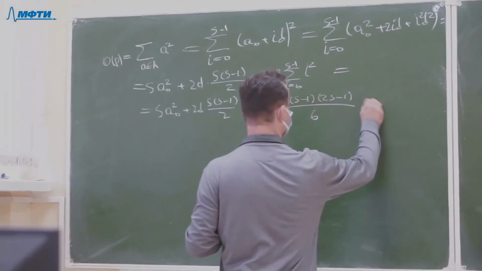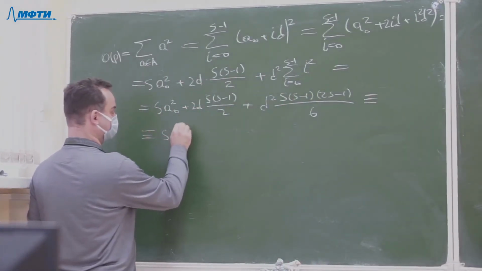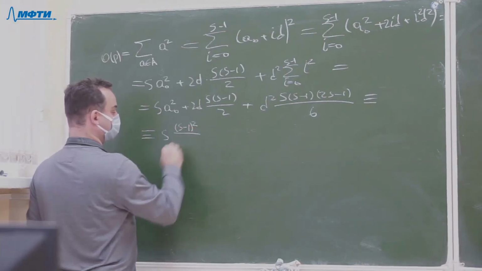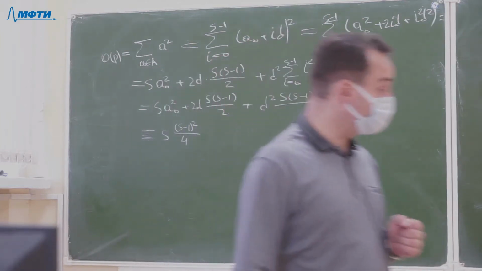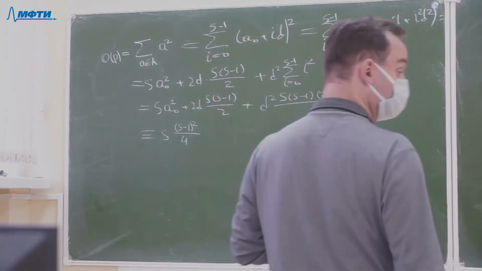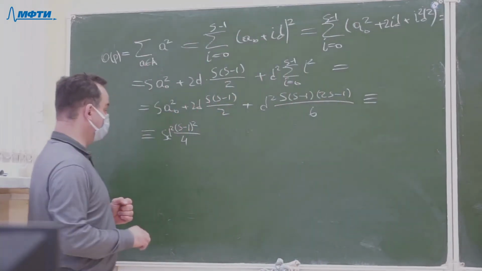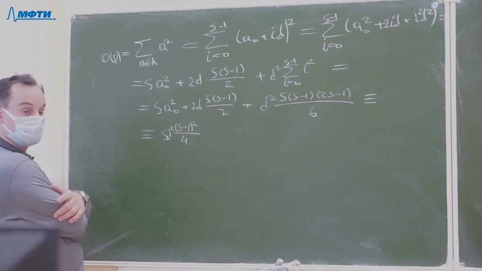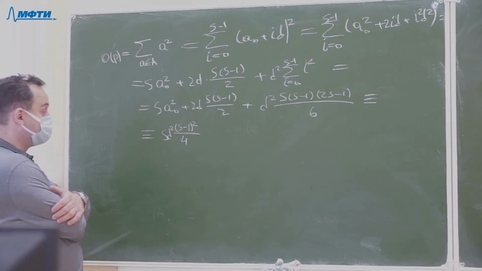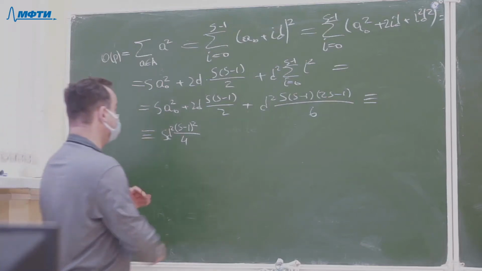So this is S minus 1 square by 4 by d square. Right? That's good. Okay.